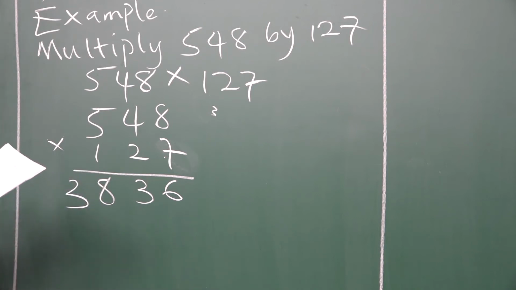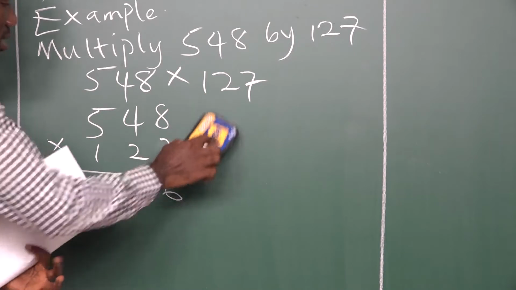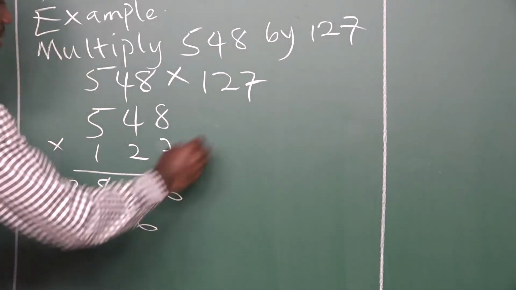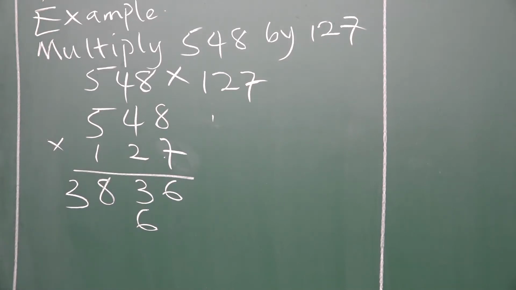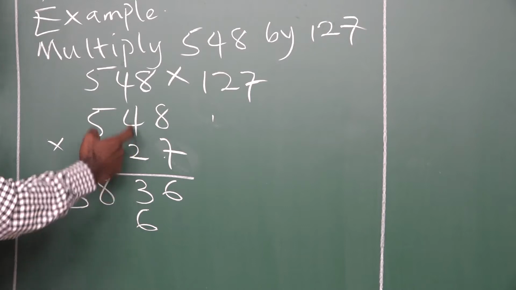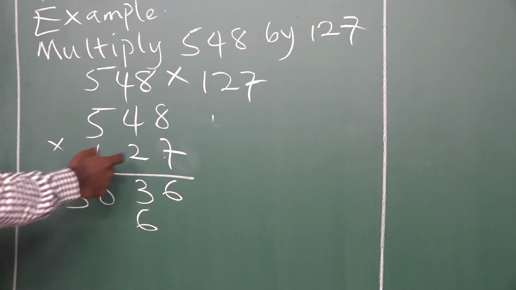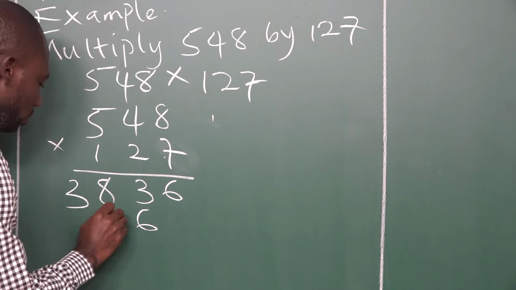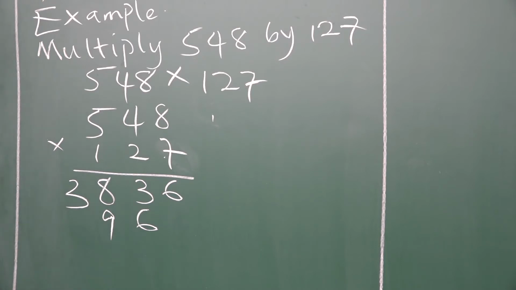So in that order, we will now multiply 2 by 8, which will give us 16. So we'll write our 6 here and keep 1 aside. And then multiply 2 by 4. 2 multiplied by 4 will give us 8, plus the one we kept aside will give us 9. You write your 9 there.